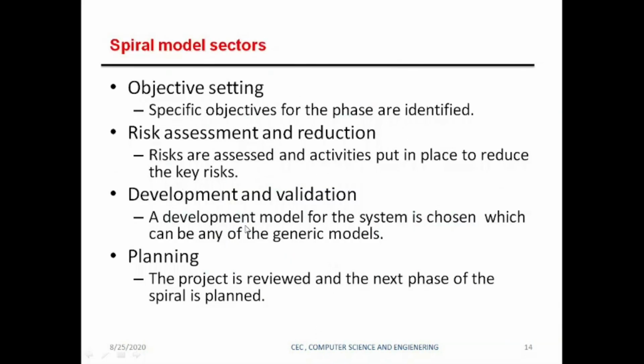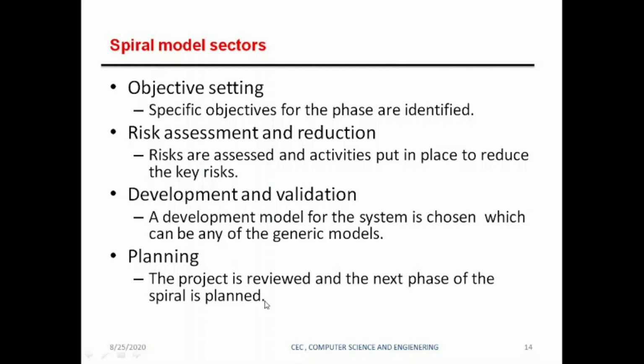Development and validation: a development model for the system is chosen, which can be any of the generic models. It may be a design model or a simulation, which can be designed and checked in development and validation. Then the project is reviewed, and the next phase of the spiral is planned.